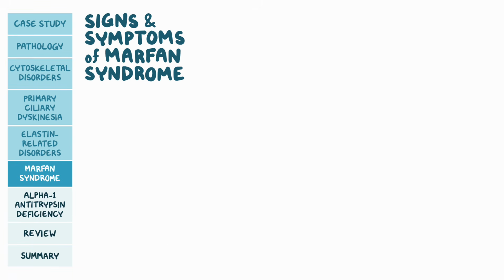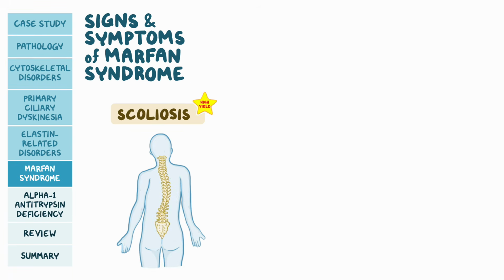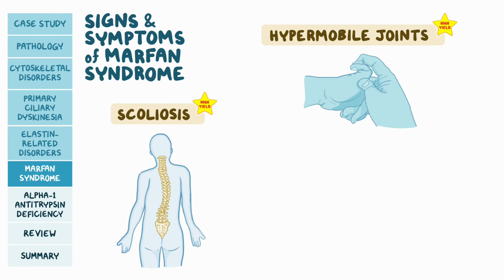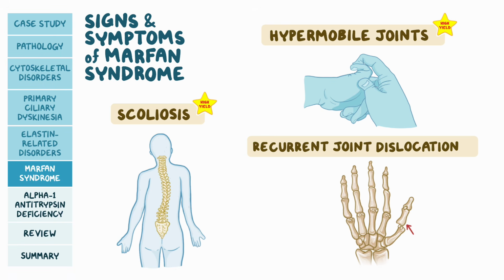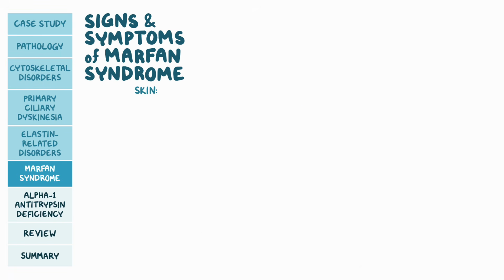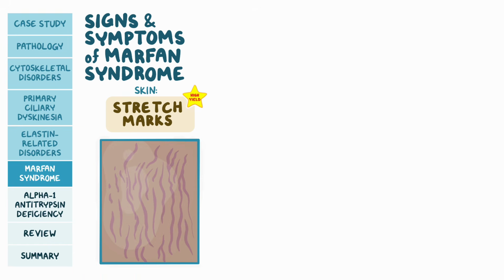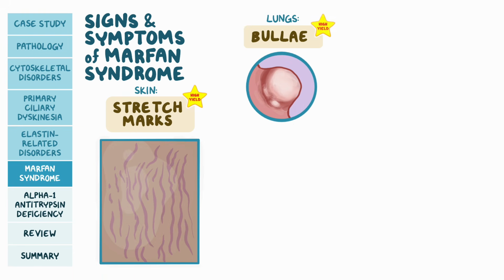Other bone and joint features include scoliosis, where the spine has a sideways curve, as well as hypermobile joints that can move beyond a normal range, which may result in recurrent joint dislocations. In the skin, Marfan syndrome can cause stretch marks, whereas in the lungs, it can cause bullae to form, which are large, air-filled spaces.